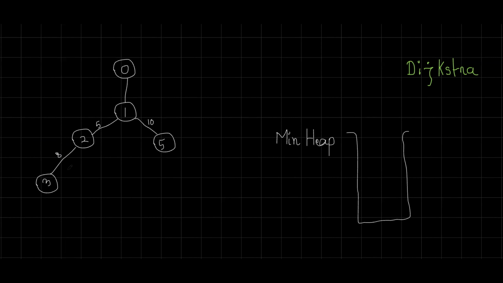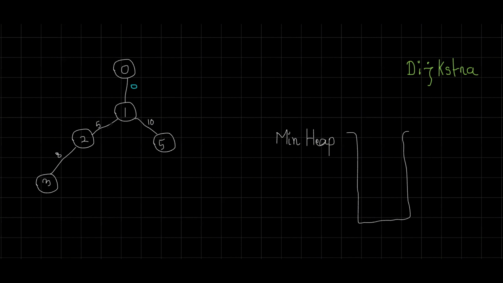Now, to understand the algorithm, we have taken this example. Here, person 0 is connected with person 1 initially, and they can share the secret instantaneously, that means at second 0.